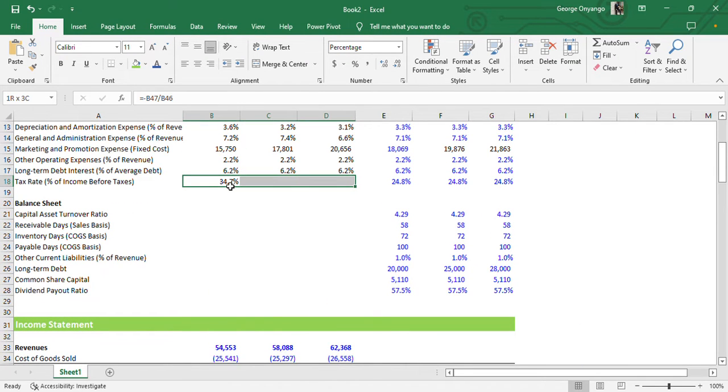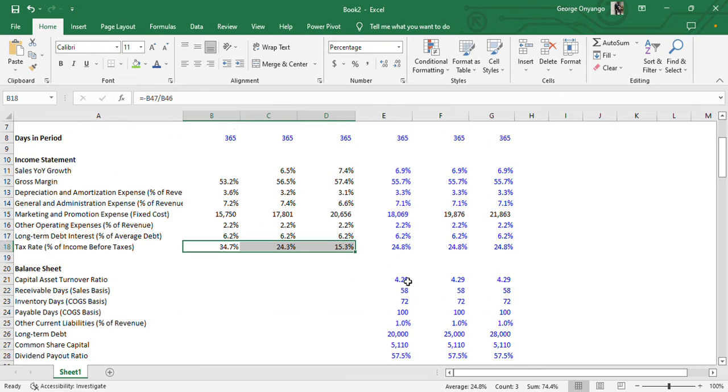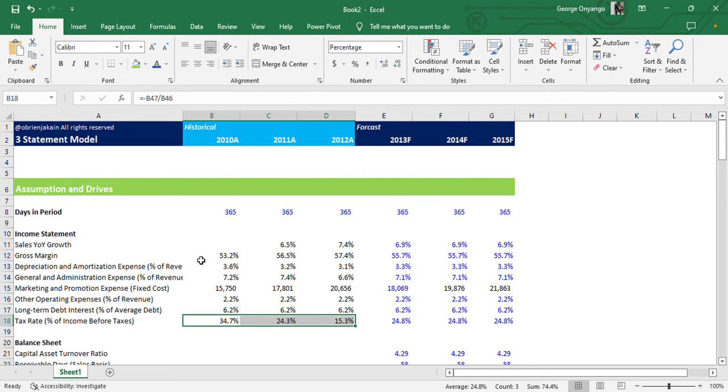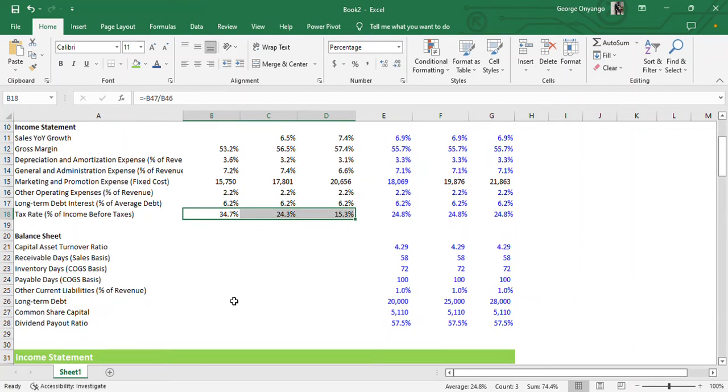When we fill that right, we can see that in the year 2010 the taxes were 34.7% of the income before taxes, and they also assume that in the next 3 years their taxes will be 24.8%. So we have filled the assumptions and drivers for the income statement.